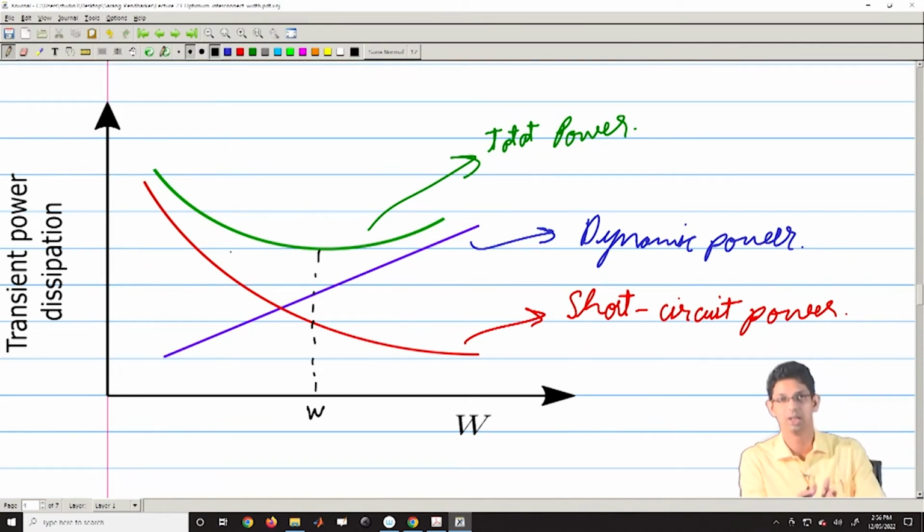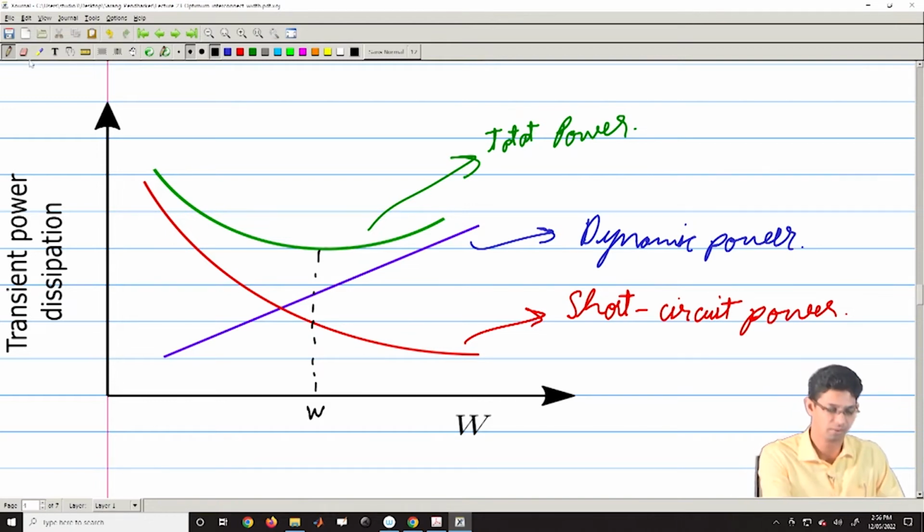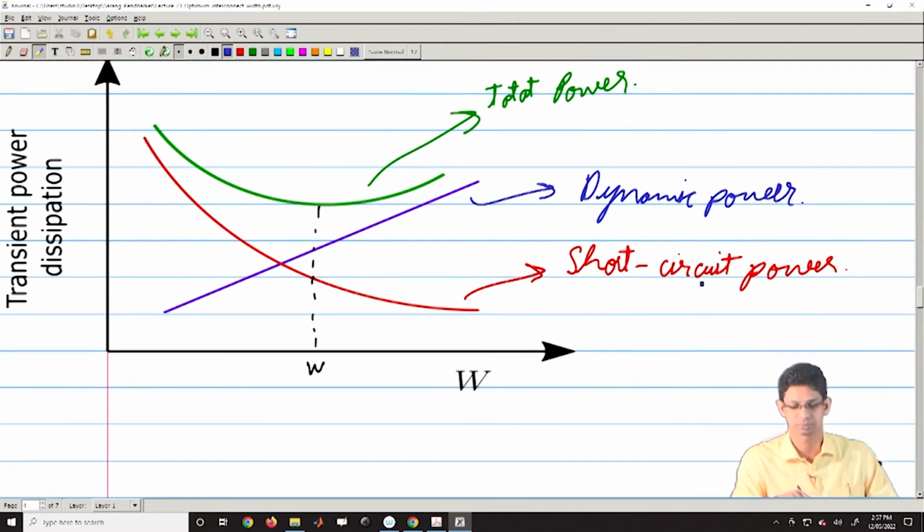If you increase the width a lot, then your dynamic power will increase. If you reduce the width a lot, then your short circuit power will increase. So, if you are in this regime, then your loss is dominated by the short circuit power. If you are in this regime, your loss is dominated by the dynamic power, right.